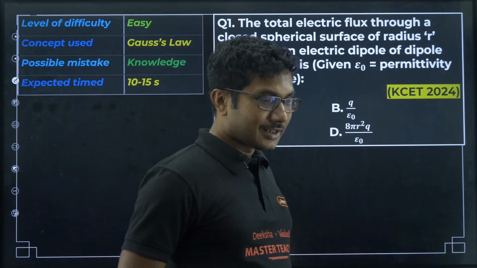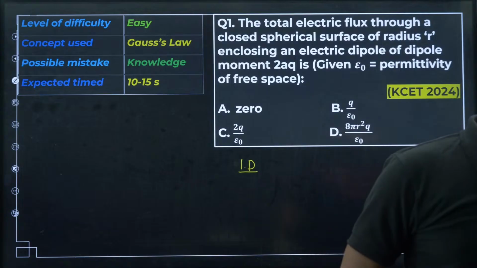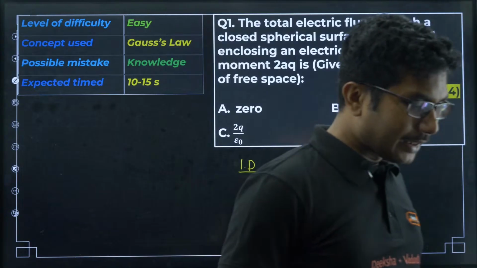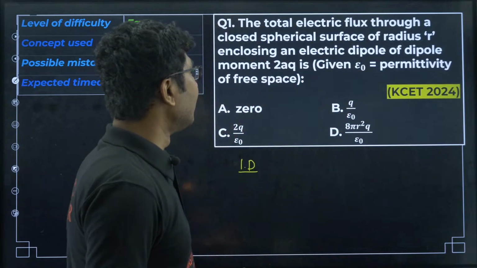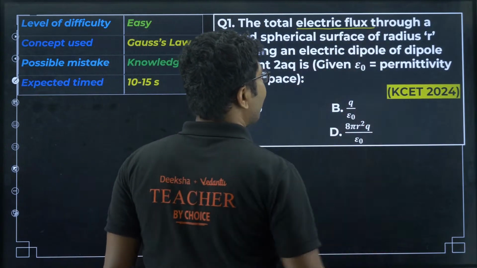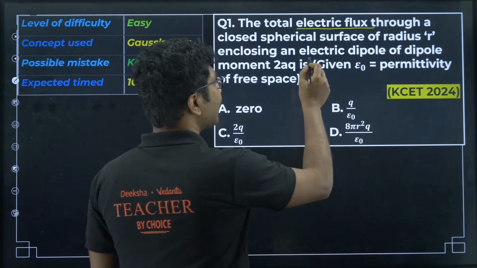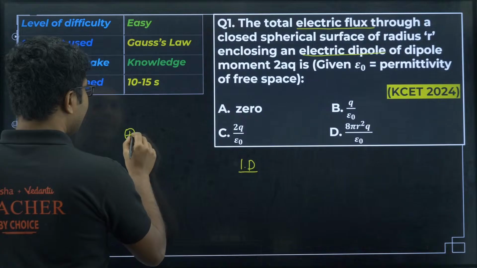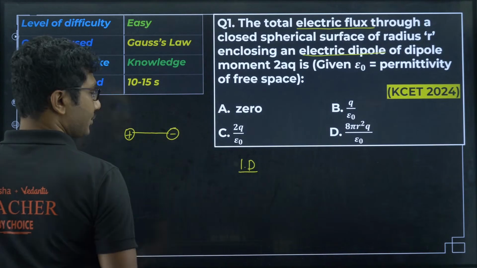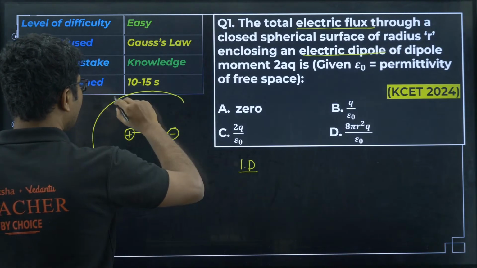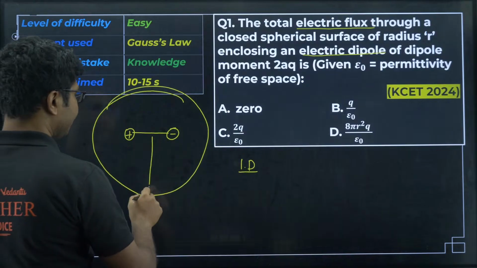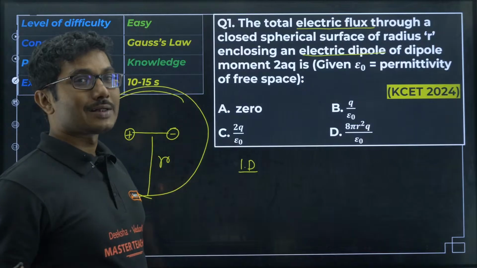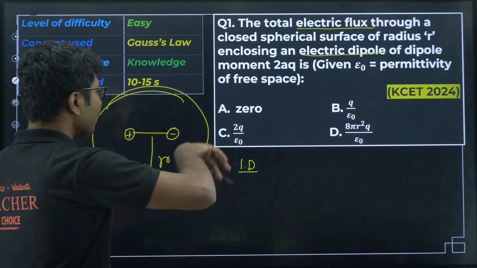So you have to mention P is equal to 2aq. Yes, P is equal to 2aq, that is fine, but what is the electric flux? They have given it for an electric dipole. Electric dipole means it has a positive charge and an equal and opposite negative charge, and the entire thing is enclosed in a surface of radius r. We know that electric flux depends only on the charge enclosed by the surface.